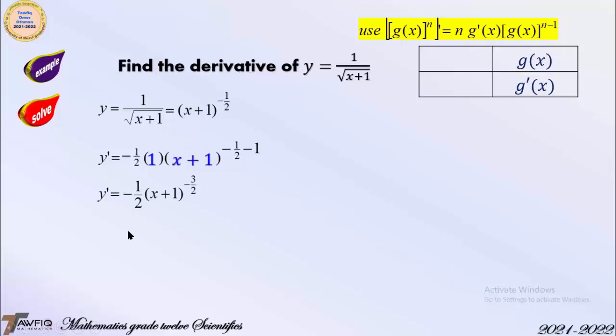Simplified, it becomes y prime is equal minus 1 over 2 x plus 1 all to the power minus 3 over 2. Because we have a negative power, we must take it to the denominator, which becomes 1 over 2 x plus 1 all to the power 3 over 2. And now it becomes minus 1 over 2 over x plus 1 square root of x plus 1.